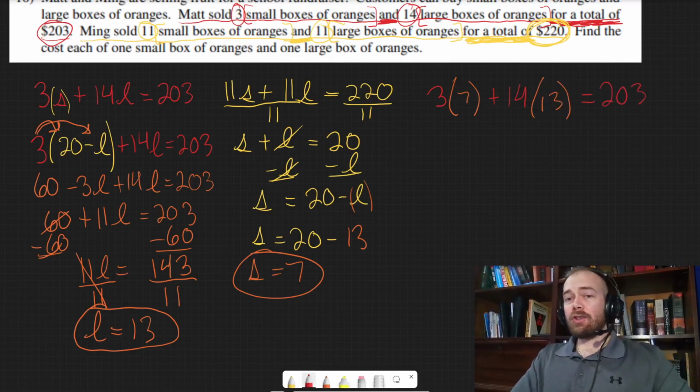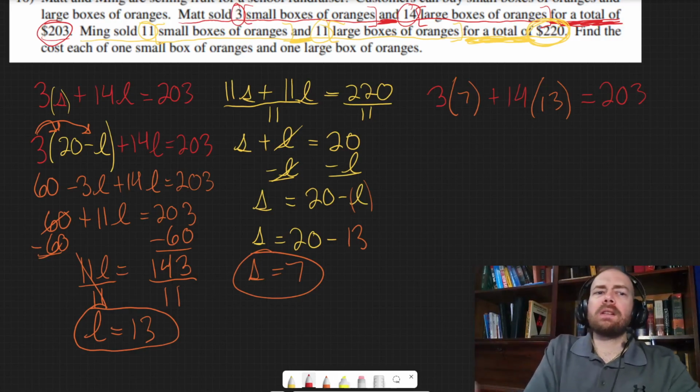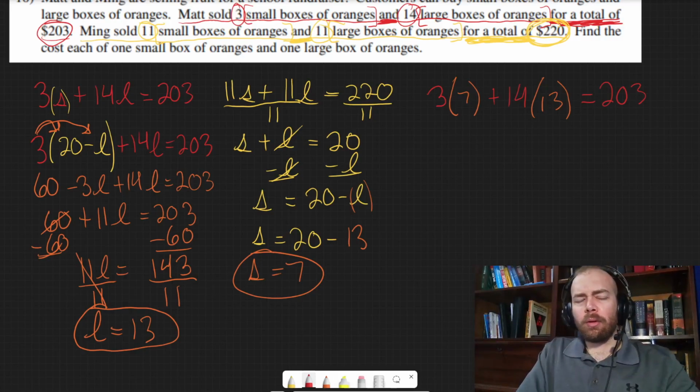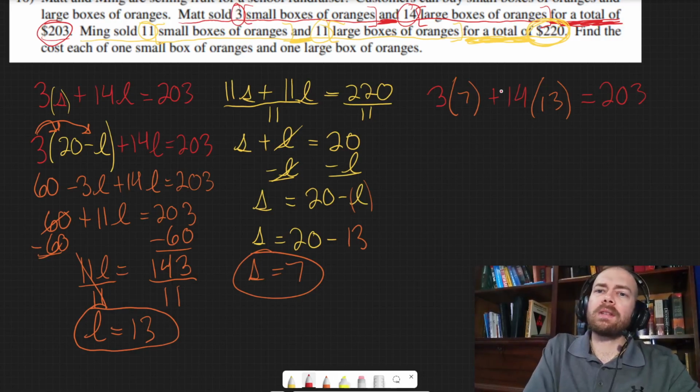So this is how you check your work. You plug it into the equation you did not most recently use. So pretty much any one of the older equations, if you're dealing with 3 or 4 systems, but with just 2, it'd be whatever the other one is, the one you didn't just finish using, and that's the red one for us here. So now we do some math.